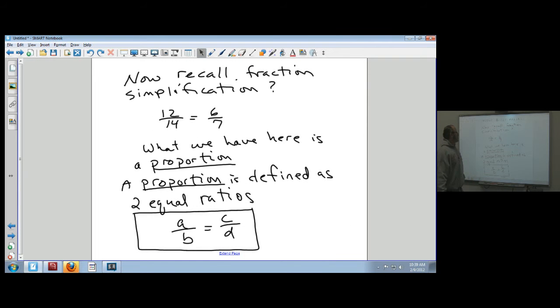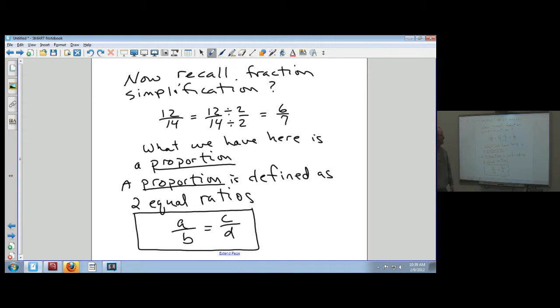So now let's recall fraction simplification. Hopefully you recall fraction simplification. When we looked at simplifying fractions, we had 12/14 and we simplified it to 6/7. Remember, when we took 12/14, we found out that both the numerator and the denominator divided by 2 by the fundamental principle of fractions, and we ended up with 6/7.